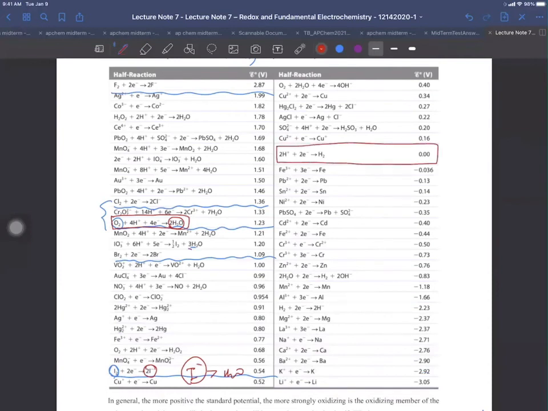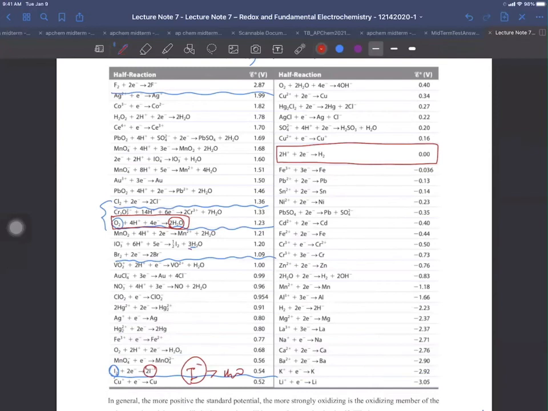So you may need to know what kind of half reactions are above the O2 and which kind are below the H2, right? And then you can figure out, when electricity is passing through the aqueous solution, what the reaction will be on the cathode and on the anode.